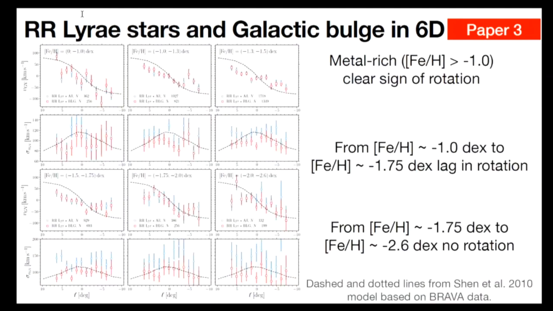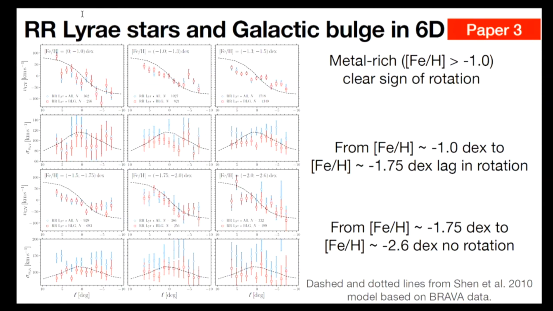And this is the rotation distribution for our stars in different metallicity bins. In the most metal-rich bin, between 0 and -1, that's where we have more sign of the rotation with the Milky Way bar. The dashed line again represents a model from Yuan Tai-shen from 2010, which is based on the BRAVA set of red giants from a similar epoch. So the metal-rich population seems to follow the Milky Way bar.